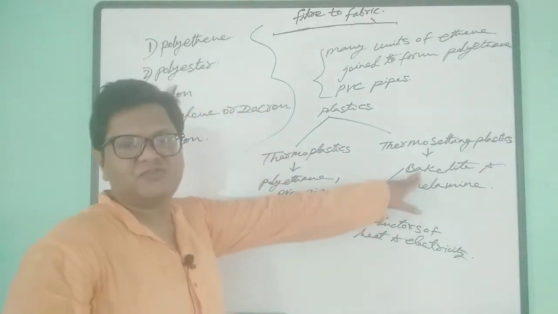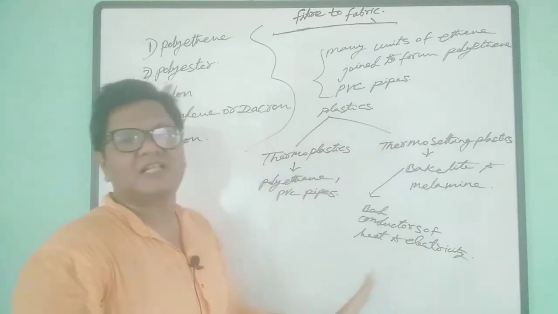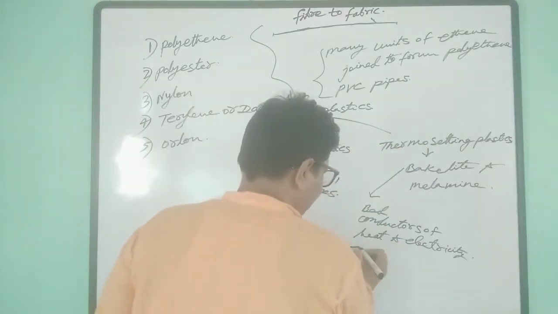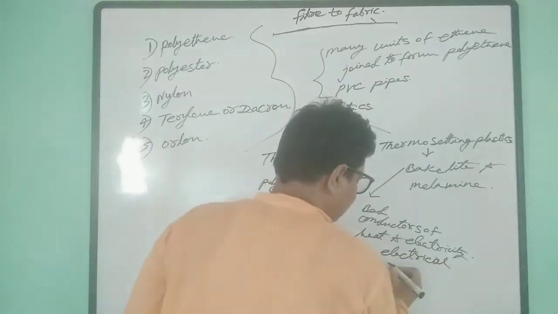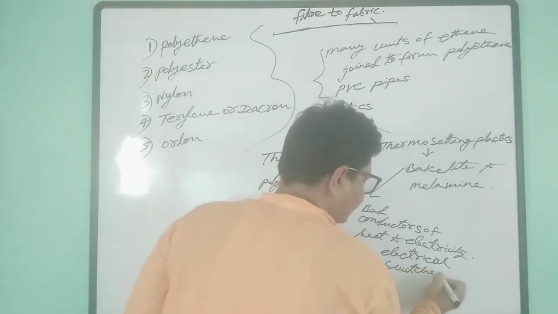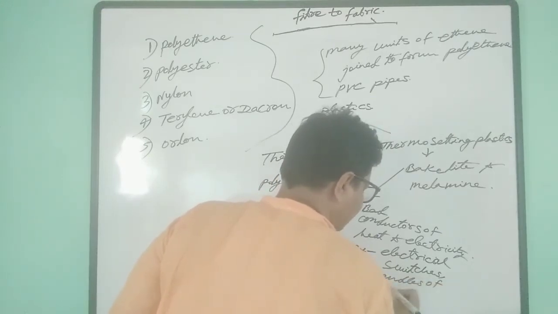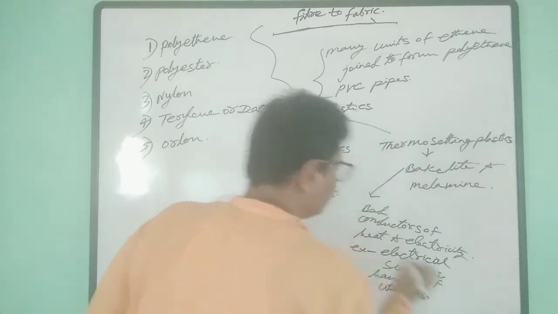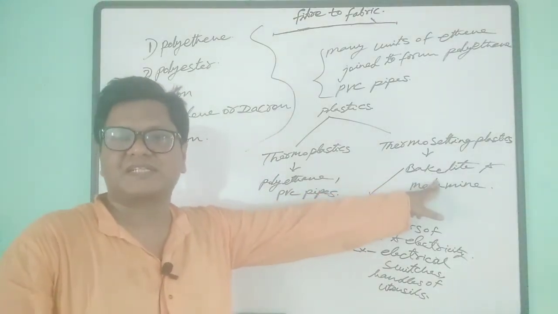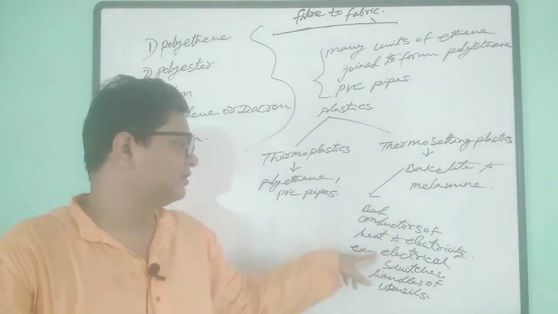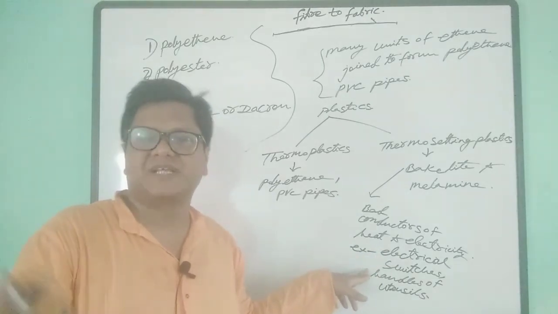Hence, these are used in the synthesis of electrical switches and handles of utensils. Since bakelite is a bad conductor of heat and electricity, hence these are used for the synthesis of electrical switches as well as handles of utensils.